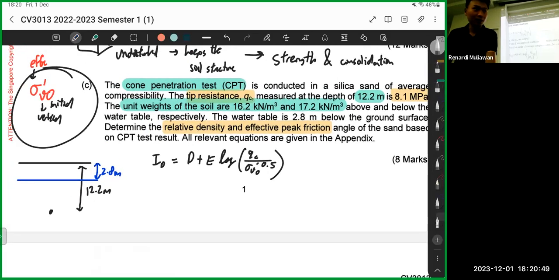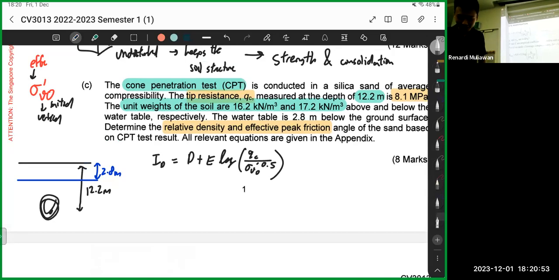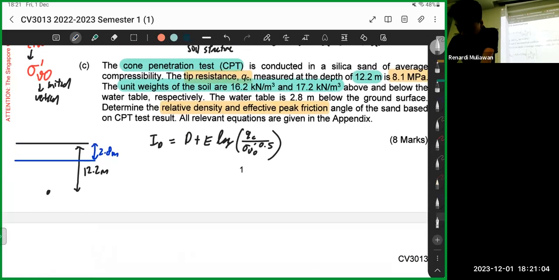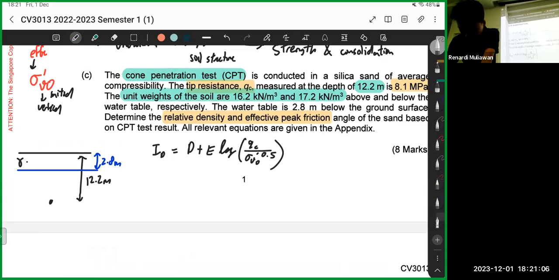Basically, sigma V 0 prime is the effective stress at this point. How do we calculate effective stress? We take the weight above and minus the water. They give us the gamma here is 16.2, and the gamma here is 17.2.